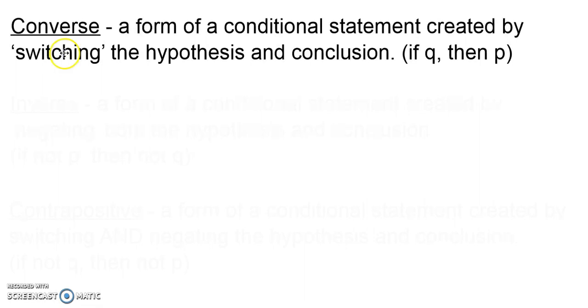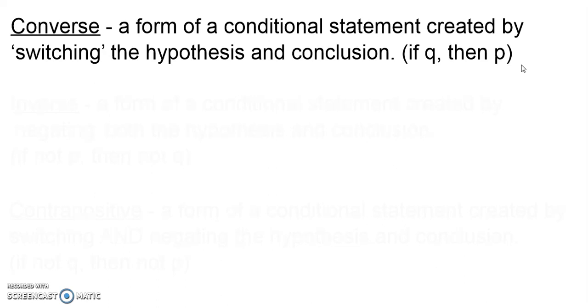So now we're going to be getting into how we take a conditional statement and rewrite it in these other forms. Last class I had you highlight that if P then Q. Well, now we're going to be adjusting the order of that statement. So we have the conditional statement, which is if P then Q. Then we have the converse.